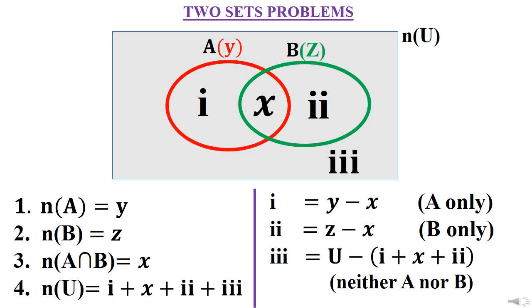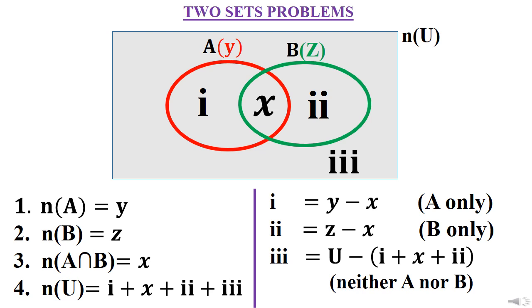And since its number of members has been shown on the top of the set, which is Y, when we want to find this only A, which can be accounting, agric, and so forth, we subtract the intersection number of members from its number of elements, which is Y. So to find I, it is equal to Y minus the intersection. Then we get that portion labeled I.